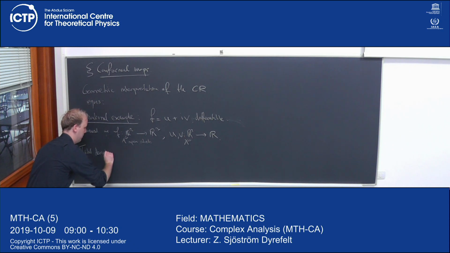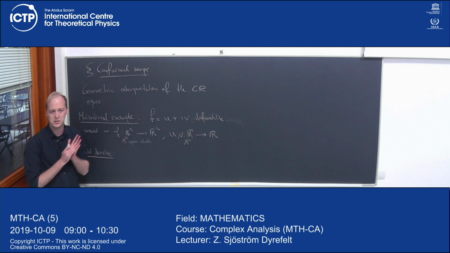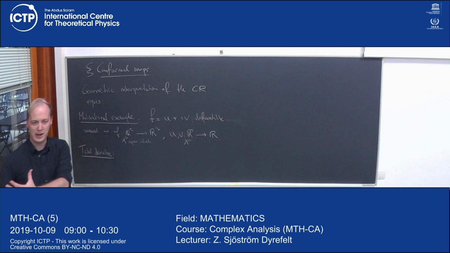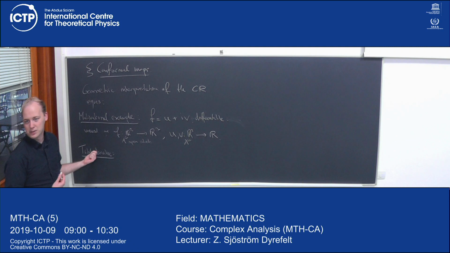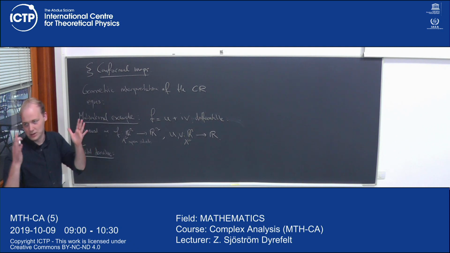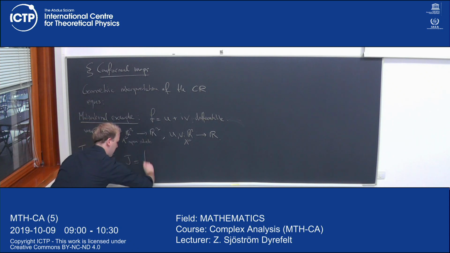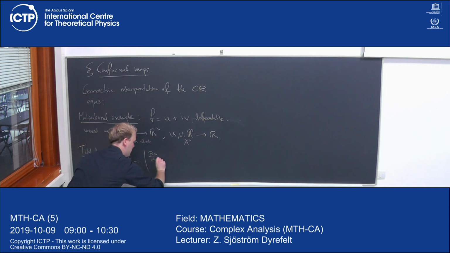I don't know how much you remember of this; in multivariable calculus, you don't study functions from R2 to R2 very much, it's mostly Rn to R. But when you have functions from Rn to Rm, the total derivative is a matrix, sometimes called the Jacobian, and sometimes its determinant is also called the Jacobian. So let me call it J for Jacobian, which is partial u partial x, partial u partial y, partial v partial x, partial v partial y.